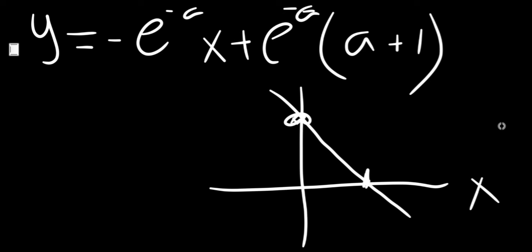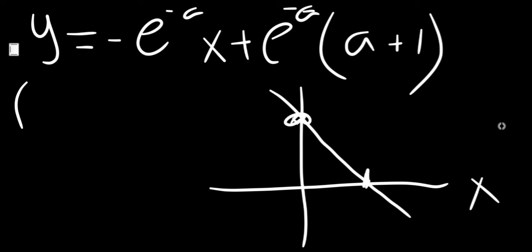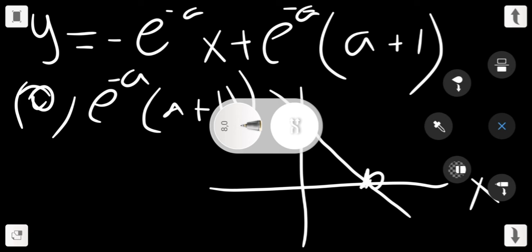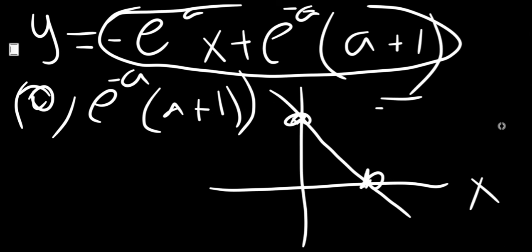So this point over here is going to be the point 0 and e to the minus a of a plus 1. Okay, and what about this point over here? Well, this point is where the y is equal to 0, right? So I'm going to take all this and equal it to 0 to find where this point is.